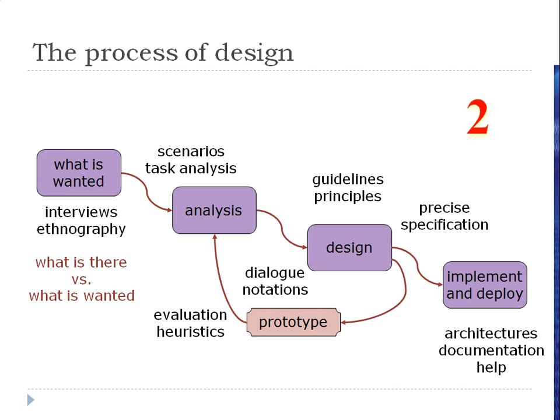After that, we must analyze the requirements. After we analyze, we will know the guidelines and principles, so we will make the steps of the design. So this is the first one, the second one is analysis, and the third one is design.